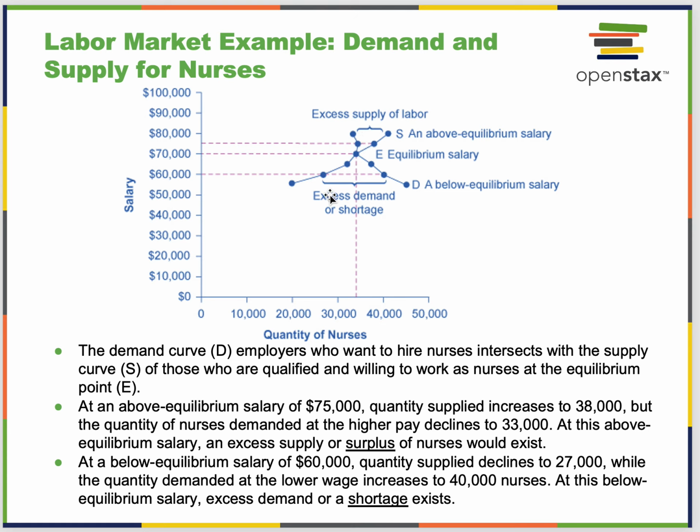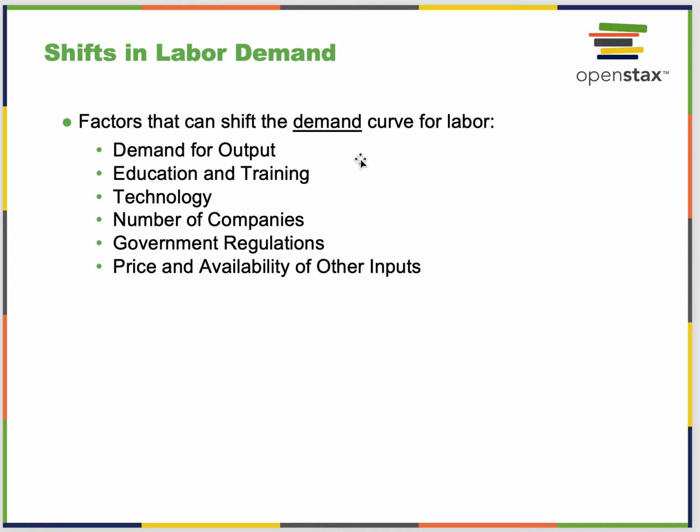Same thing here if you look below it. If you put a ceiling salary in at 60, lots of people will be looking to hire nurses at 60, but a lot of nurses don't want to work at that rate. So if there are more jobs than people looking, there's pressure for the wages to go up to the equilibrium point.